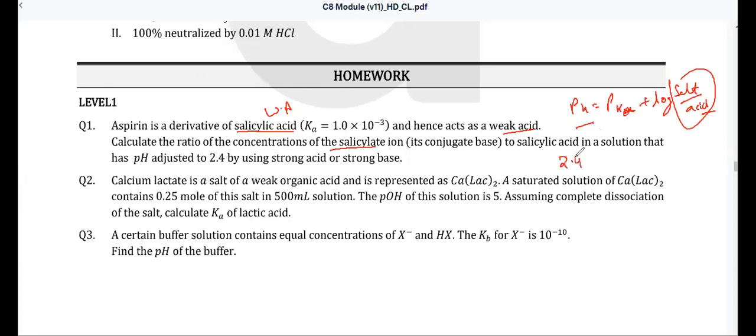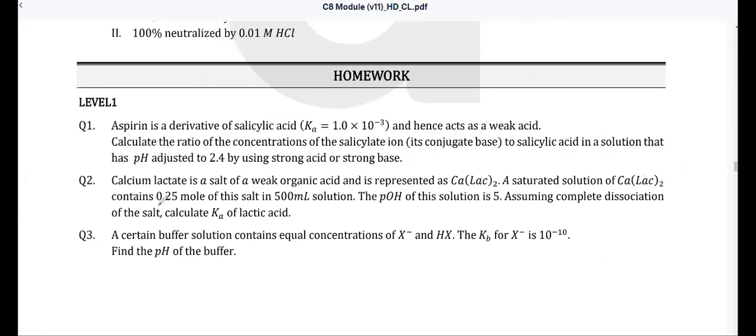So 2.4 is equal to 3 plus log salt by acid. So log salt by acid is equal to minus 0.6, which is equal to log 1 by 2. So salt by acid is 1 by 2. Question 1 solved.